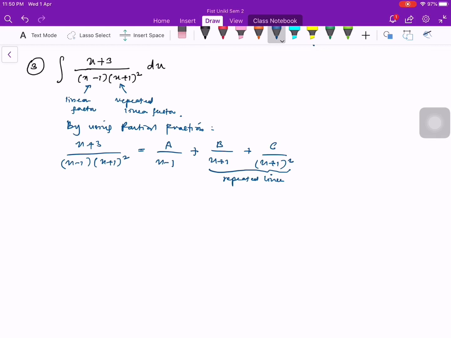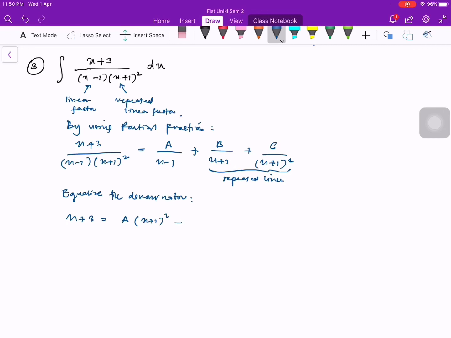Okay, then kita equalize the denominator. We're supposed to have x plus 3 equals to, then we have a times with x plus 1 squared.